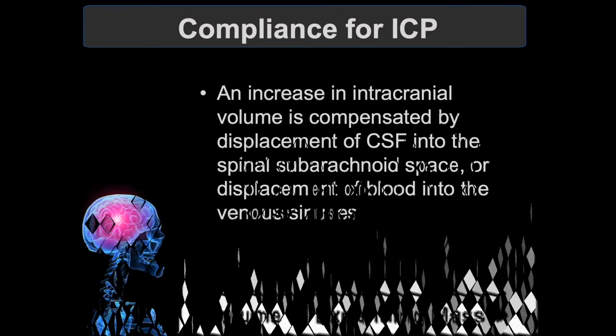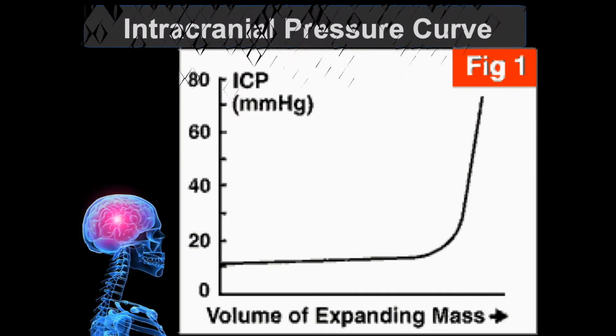This graph demonstrates how ICP can remain normal despite increases in volume, and it's demonstrated by the flat part of the curve. However, when compensatory mechanisms are exhausted, small increases in volume can lead to a large increase in intracranial pressure, and that's demonstrated by the steep part of the curve.